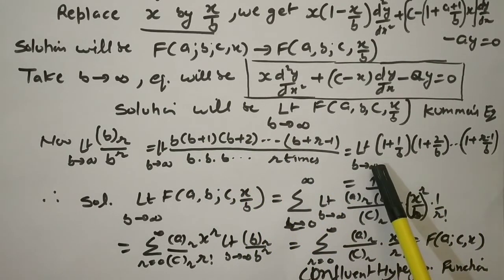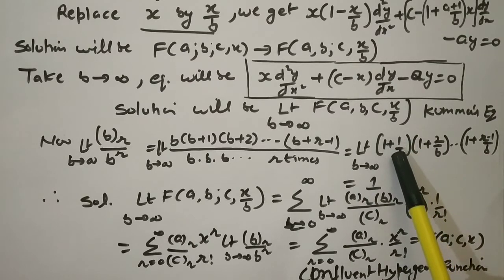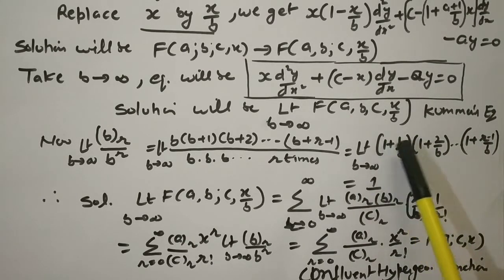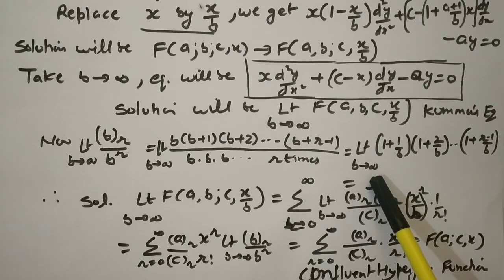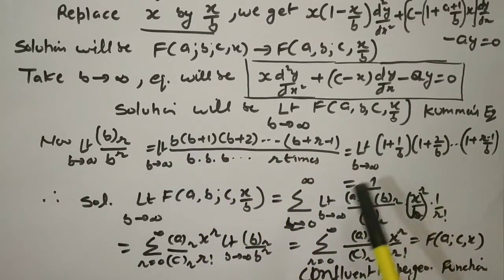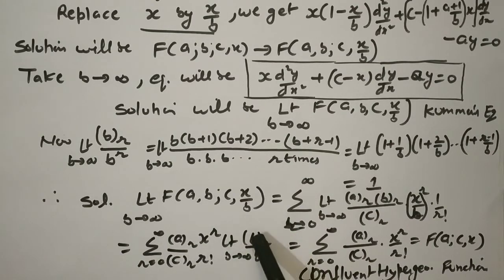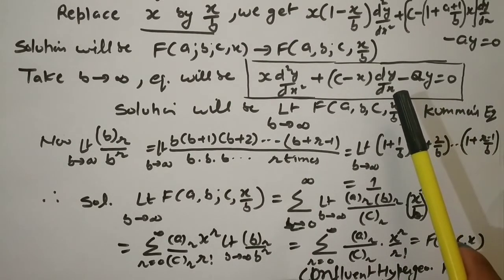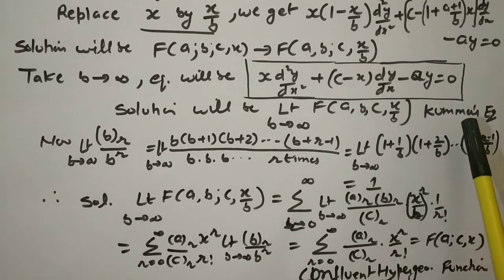As b tends to infinity, each term in which b is in the denominator will become 0, and we are left with 1 into 1 into 1, so the answer is 1. So this limit is 1, which we put here in the solution. What we are left with is the summation, r from 0 to infinity, (a)r upon (c)r x raised to power r upon r factorial. This is the new solution of the new equation, which is known as the confluent hypergeometric equation, or you can say Kummer's equation.